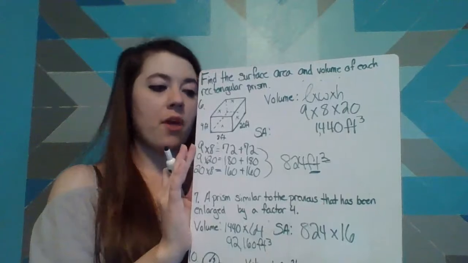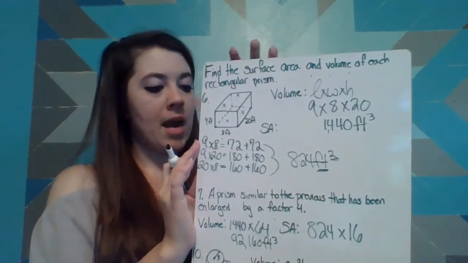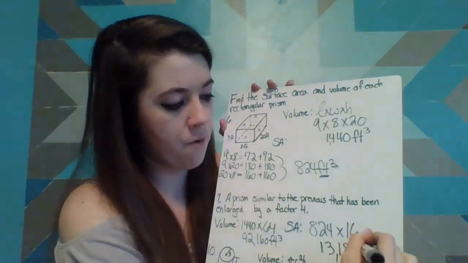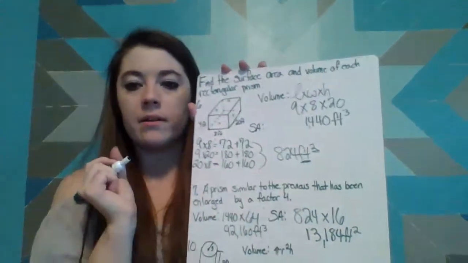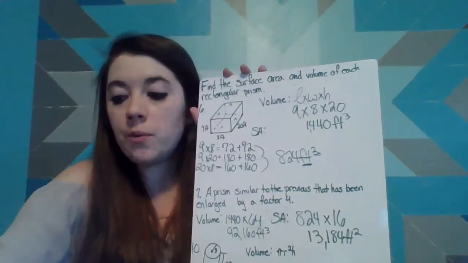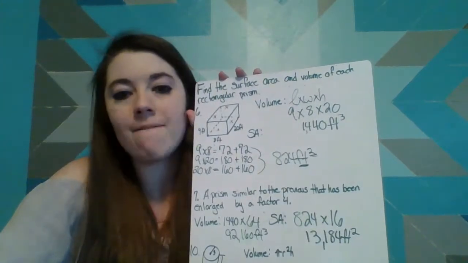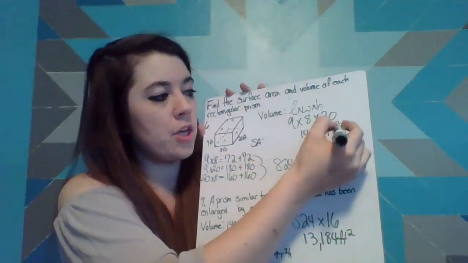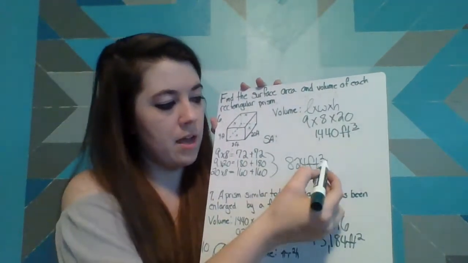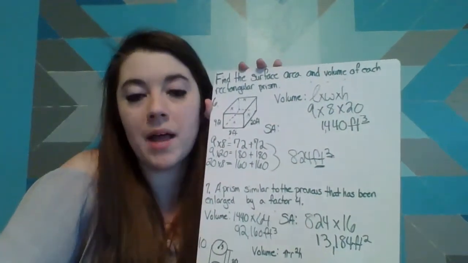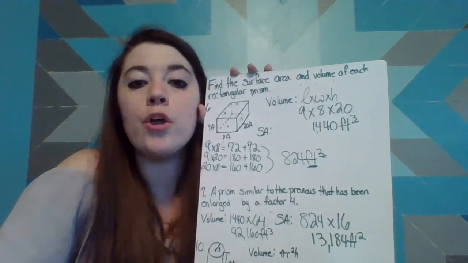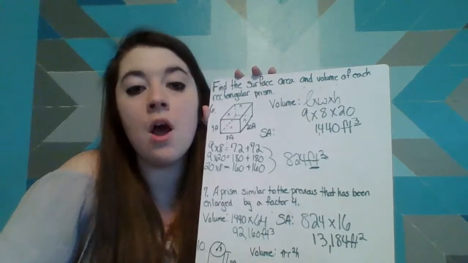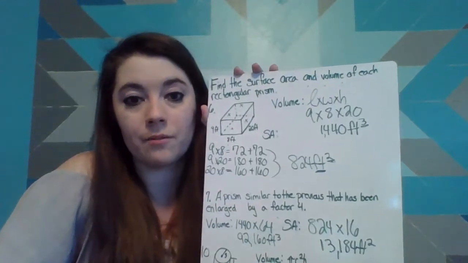So we're going to multiply those together, and we're going to end up with 13,184 feet squared. So when you're doing these, you're just going to take what that factor is, and for volume, you're going to cube it, and for surface area, you're going to square it, and then multiply it to the volume and surface area you found in the previous question. So they kind of go hand in hand with each other, which should hopefully make this a little easier.